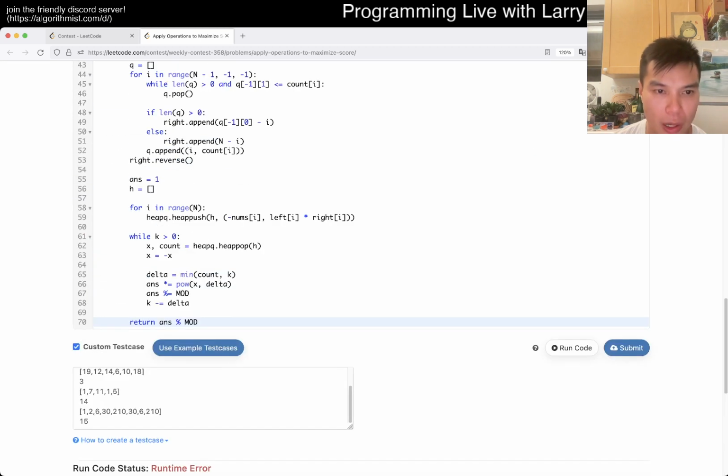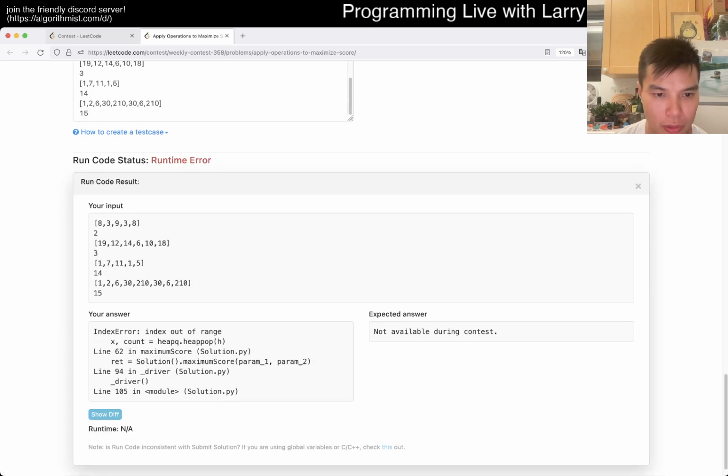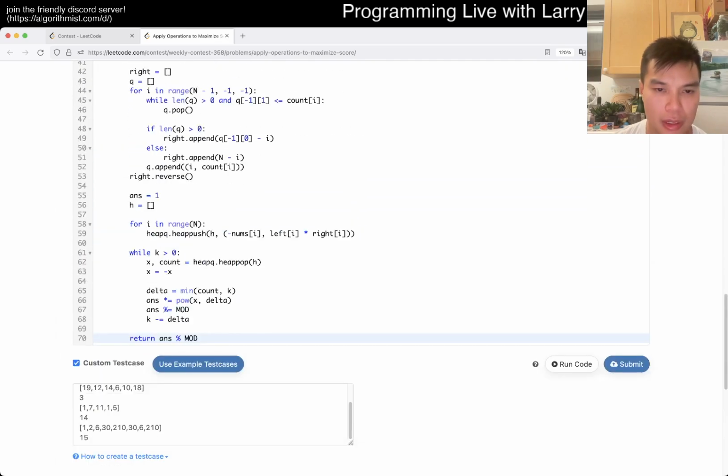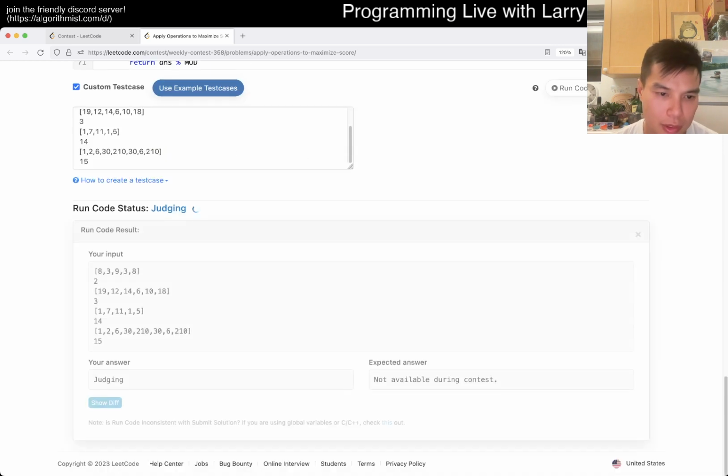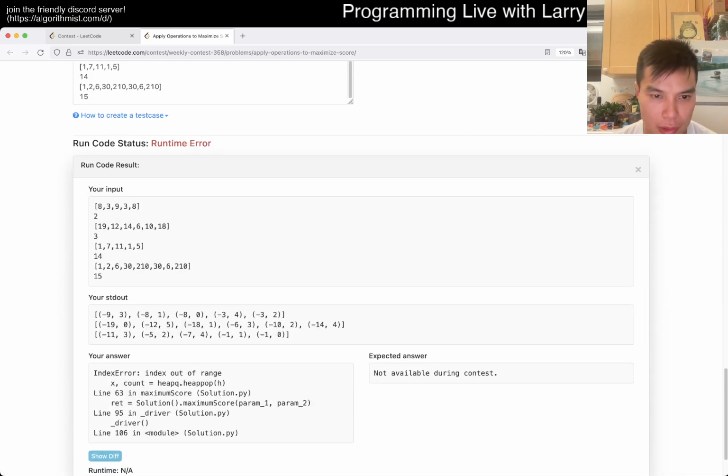Index out of count. That's odd, isn't it? So each number should, I mean, the total should be whatever, 6, 9, 11, 15.